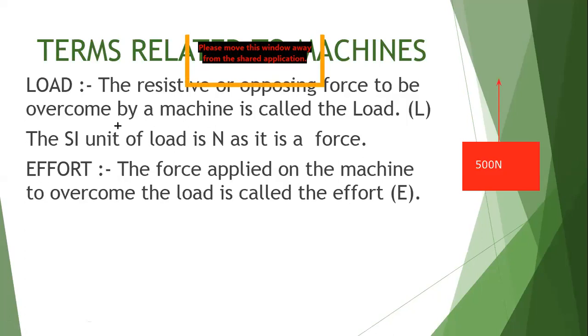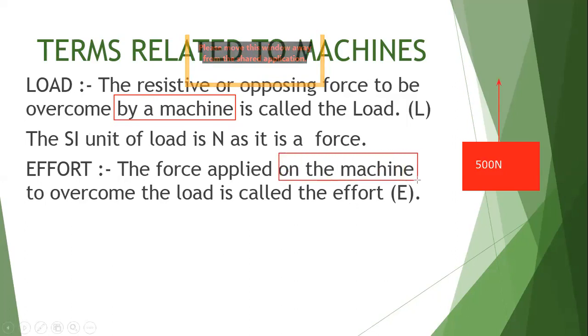In load, it is the force applied by the machine. And in effort, it is the force applied on the machine. I hope you are getting it very clear, class, what is load and what is effort. Load is something which the machine has to lift, and effort is something which we apply on the machine so that the load gets lifted, or to overcome the load.